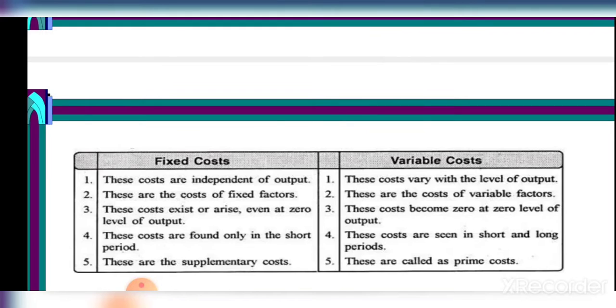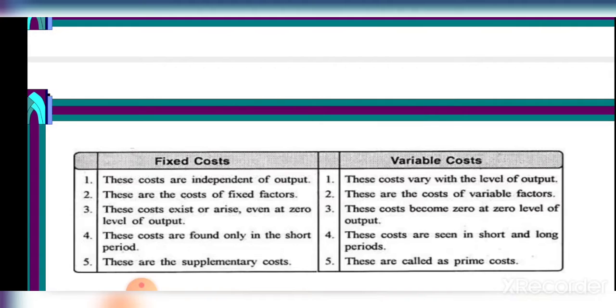These costs are found only in the short period. These are supplementary costs. Supplementary means it is related to one another. For example, if you buy a pen, you have to buy the ink. That is called a supplementary cost.